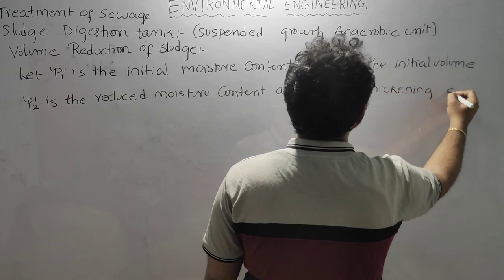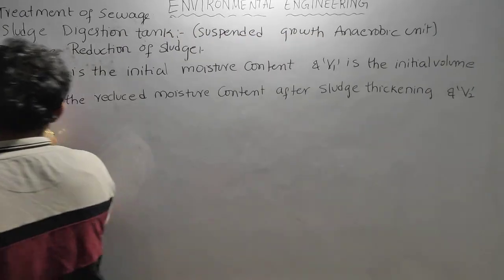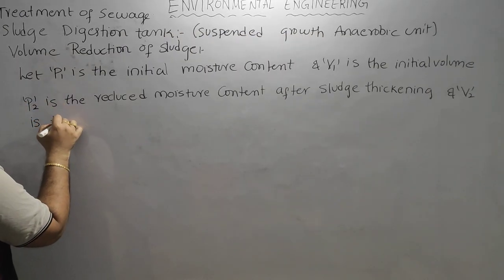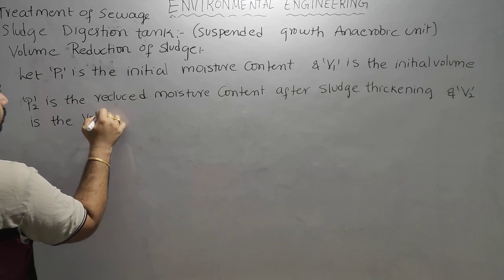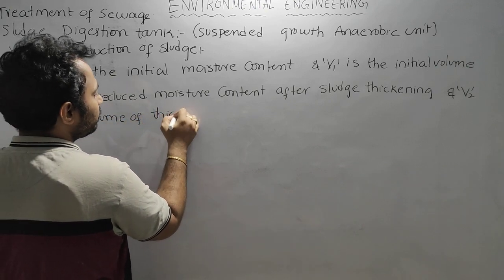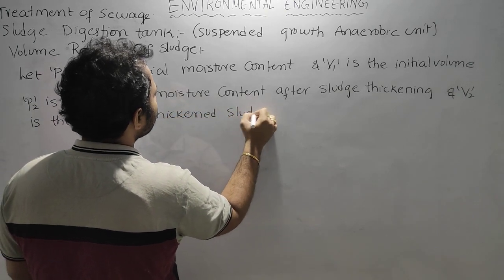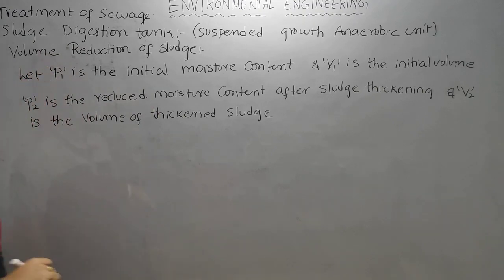And V2 is the volume of the thickened sludge.